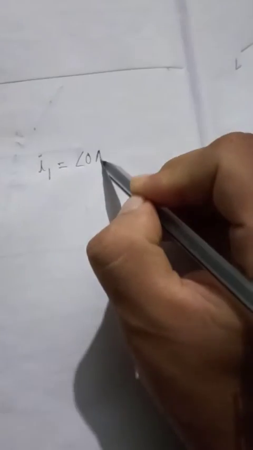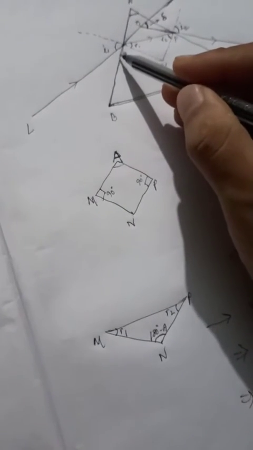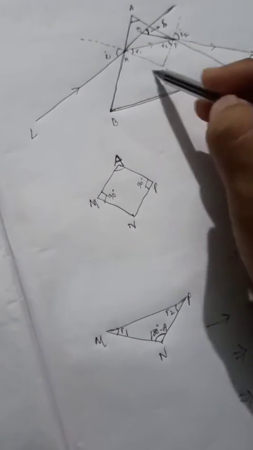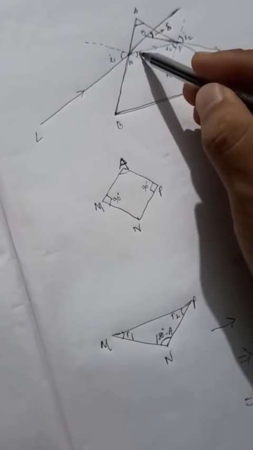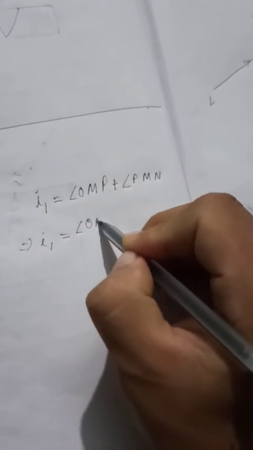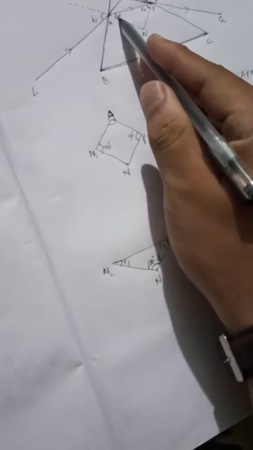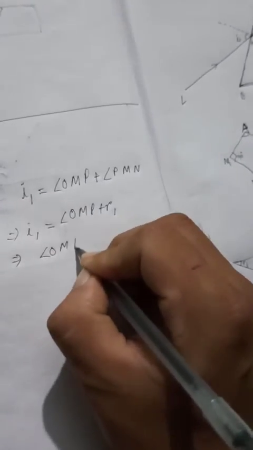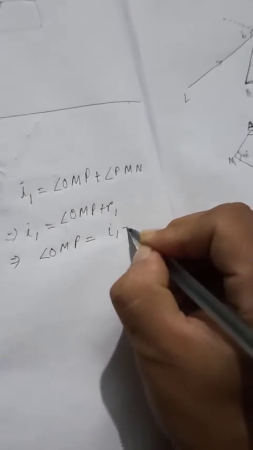So we can write I1 is equal to angle OMP plus angle PMN. This total will be equal to this I1. So I1 is equal to angle OMP plus angle PMN, which is how much? R1. It implies that angle OMP is equal to I1 minus R1.